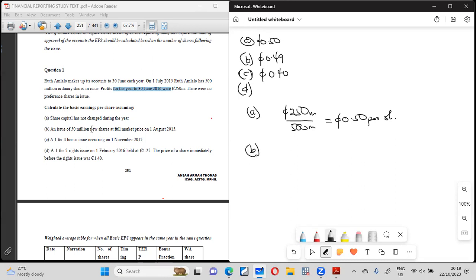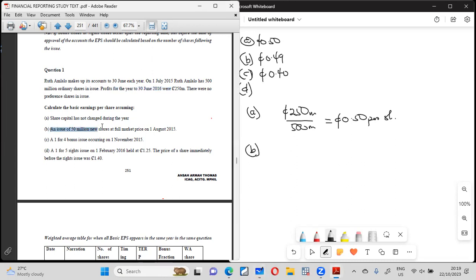B, there was a full market price issue in August. If the financial year ends 30th June, then it means it starts from July of the previous year.